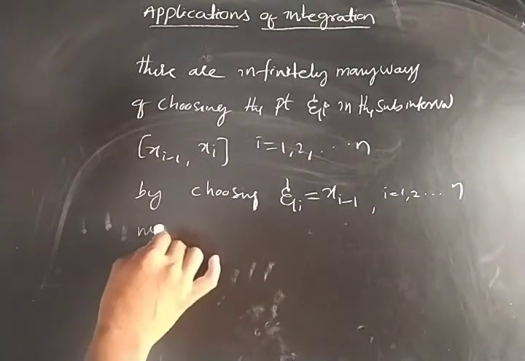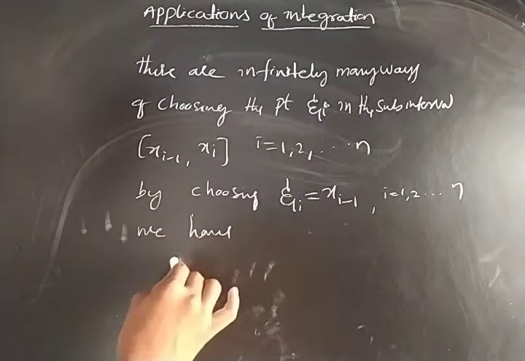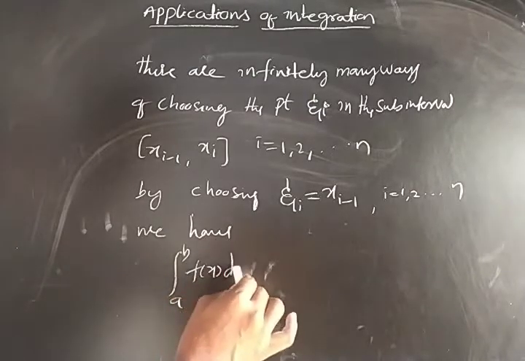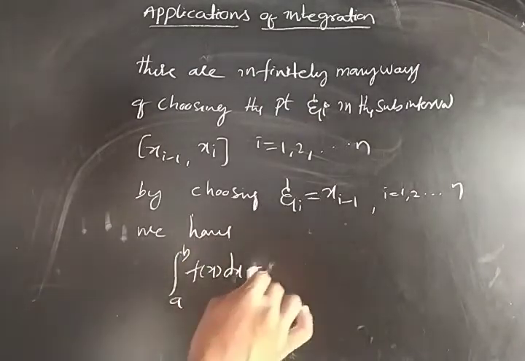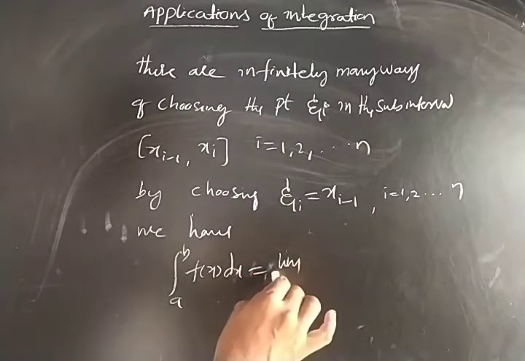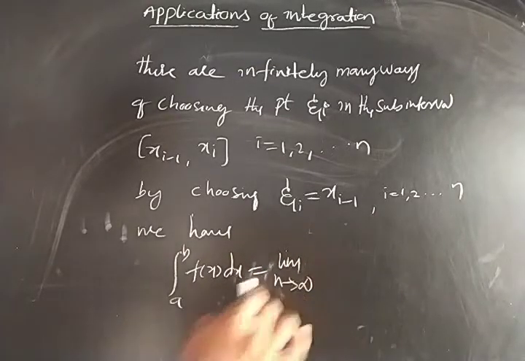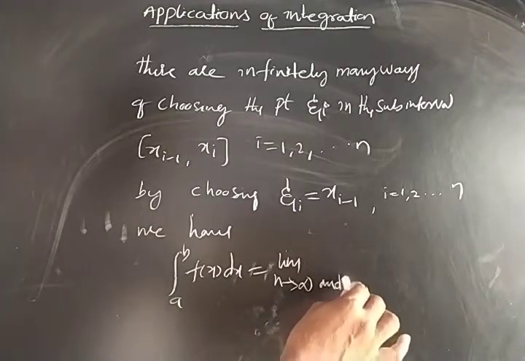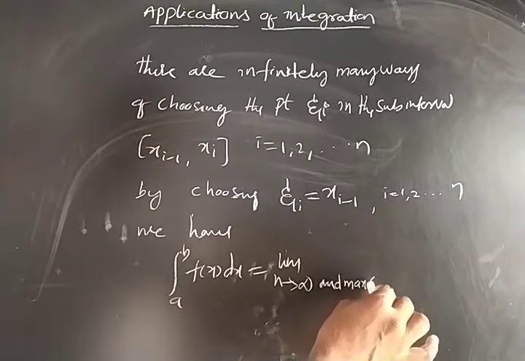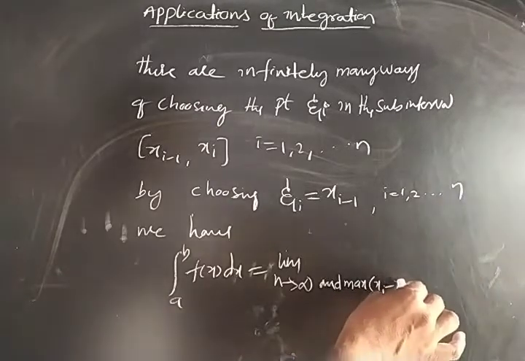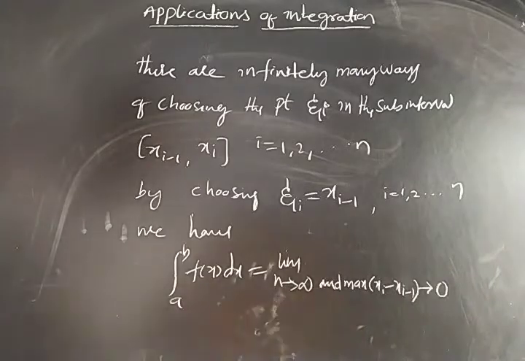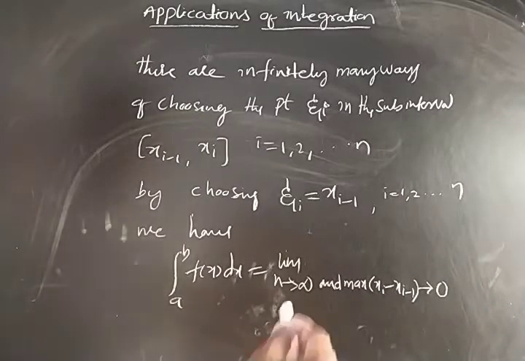Then we have the Riemann integral from a to b of f of x dx, which can be written as the limit as n tends to infinity, and the maximum of delta x i tends to 0.